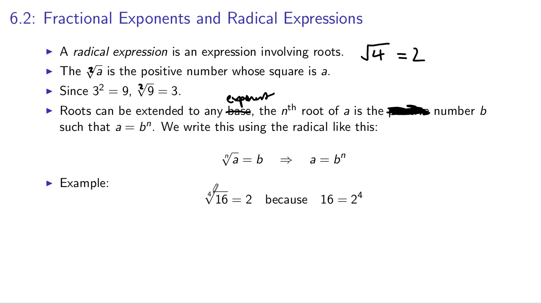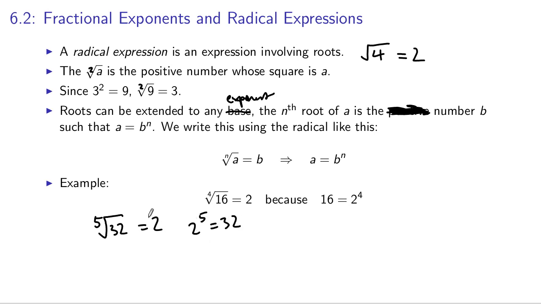Okay, so the fourth root of 16 is 2 because 16 is equal to 2 to the fourth power. So we're trying to find what number, when I take it to the power 4, gives me 16. Or we could have the fifth root of 32 equals 2 as well, because 2 to the fifth is 32.